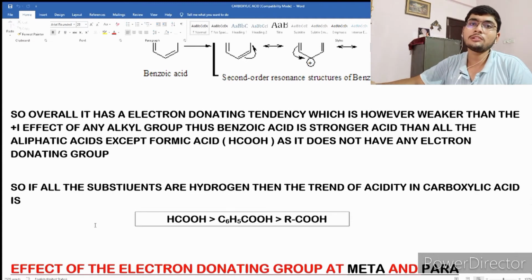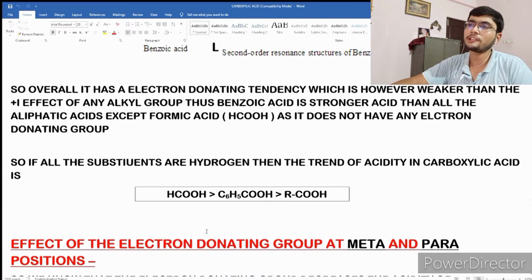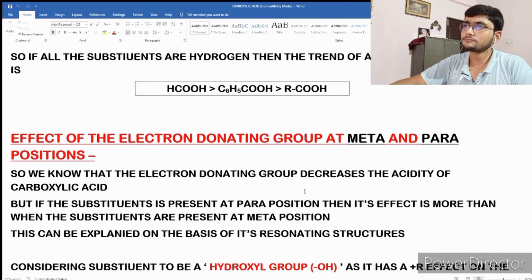If we compare only simple carboxylic acids without any substituents, formic acid will be the strongest acid, then comes benzoic acid, and then comes the rest of the acids. That's what I have written in this box also: this is formic acid, this is benzoic acid, and this is the rest of the carboxylic acids.